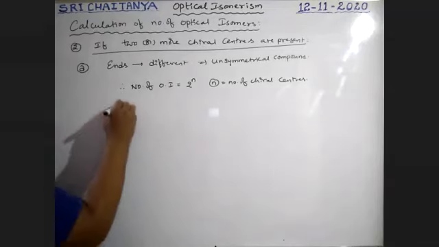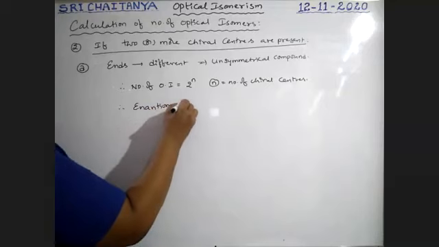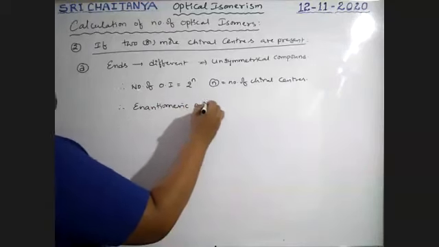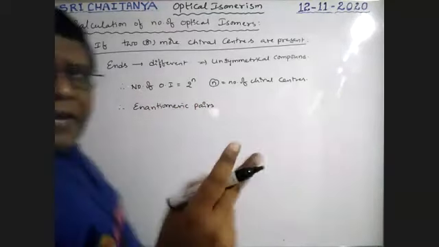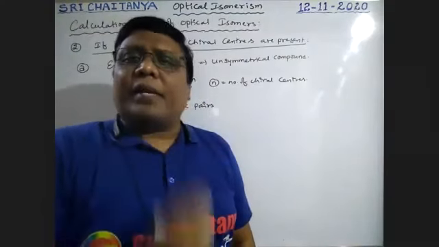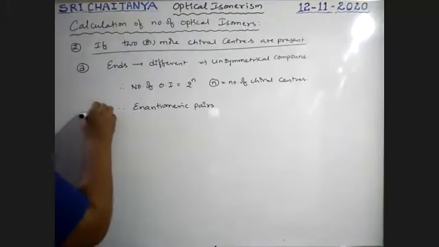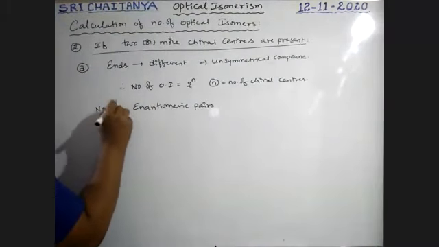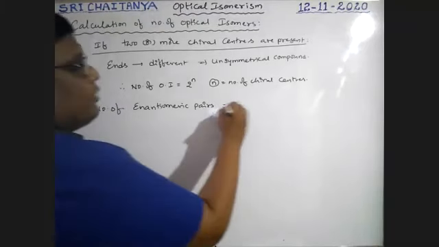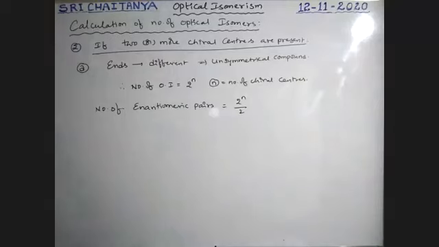Therefore, enantiomeric pairs: boys, in the previous two compounds, one is the parent and the other its mirror image. That means half the number is enantiomeric pairs. Therefore, the number of enantiomeric pairs is equal to 2 power n by 2.